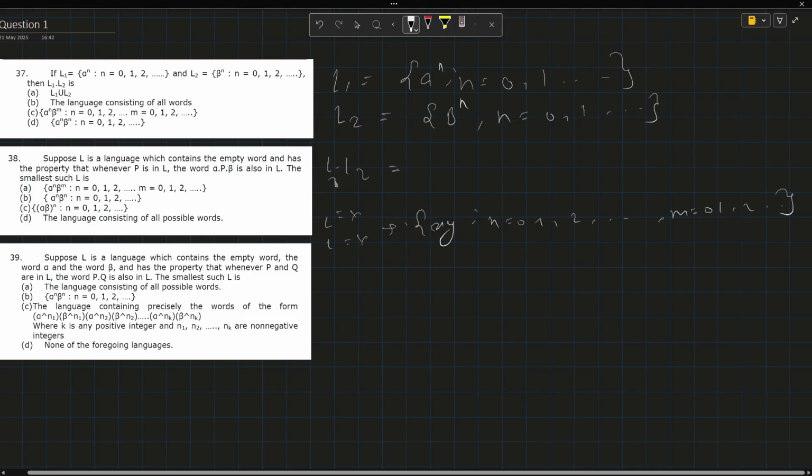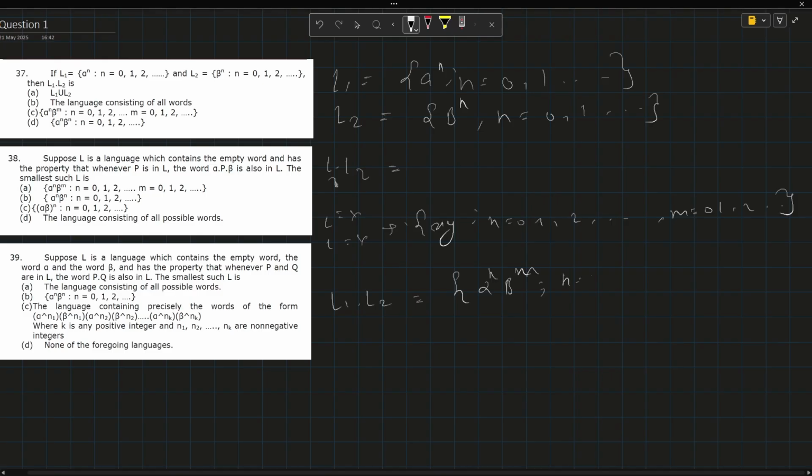So the same goes for this one. So this should look like alpha power n, beta power m. Not n, it's going to be m, where n iterates from 0 to infinity, and m iterates from 0 to infinity.